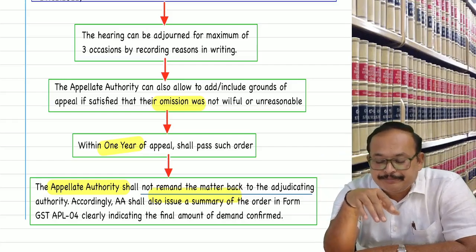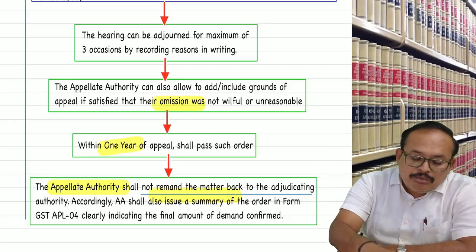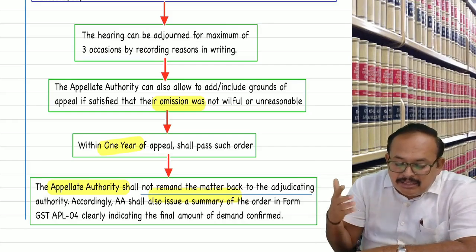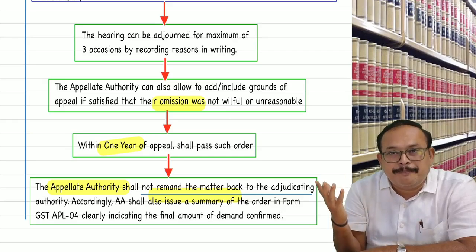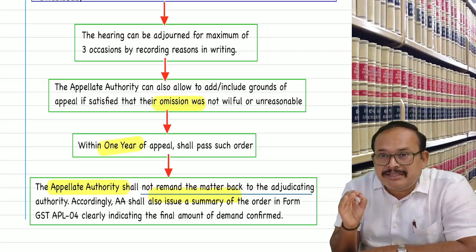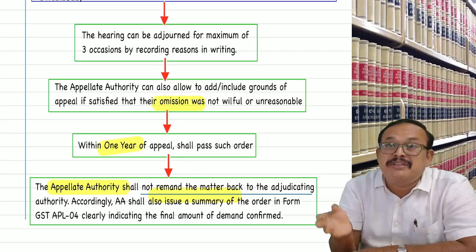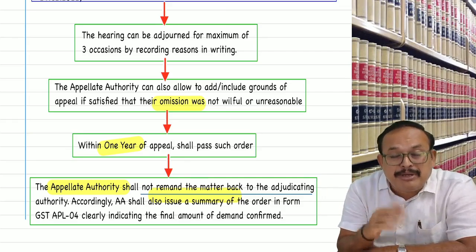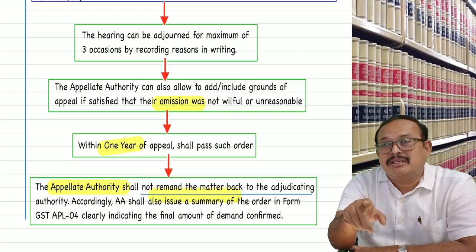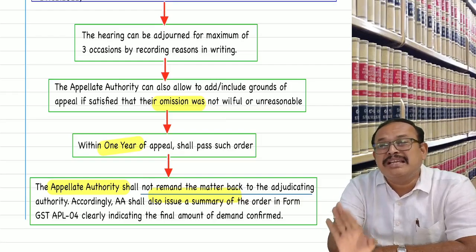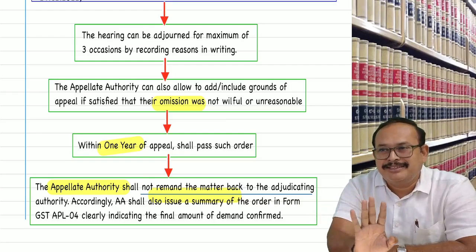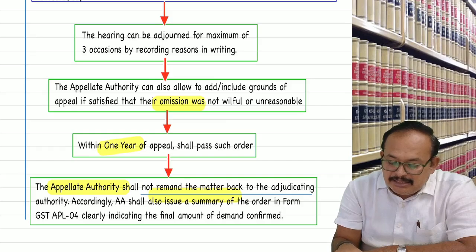Is it clear? Now, if I am going against the order of the appeal authority to the tribunal, what is the pre-deposit, sir? 10% of the tax dispute, if the judgment is issued by the appeal authority against the taxpayer. That 10% pre-deposit of tax is applicable only if the taxpayer appeals. Is it clear?